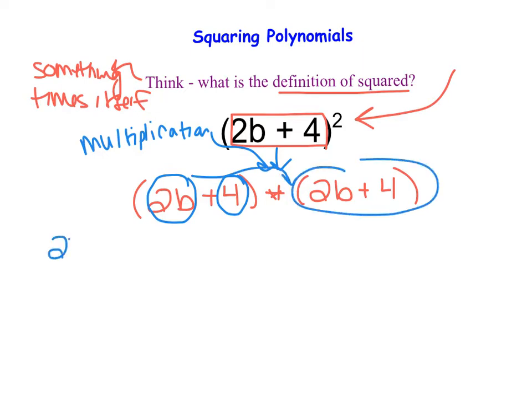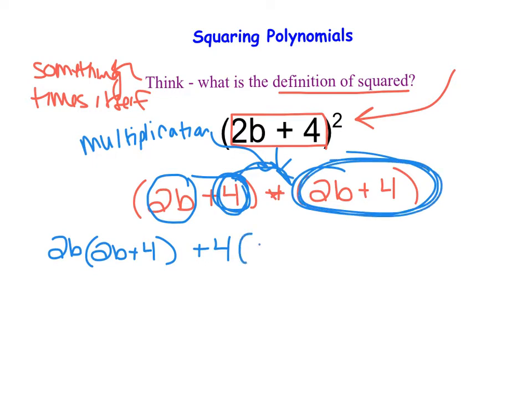So we take 2b and multiply it by each term in the second set of parentheses, which is 2b plus 4. And then we take this positive 4 and multiply it by everything in the second set of parentheses, which is 2b plus 4.